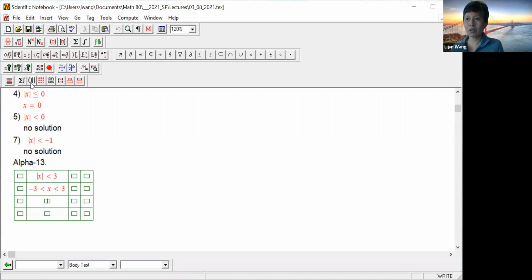Now, if you look at number 3 on alpha 13, you have absolute value of x minus 3 less than 2. We treat this as something we call baloney. And now the baloney is x minus 3.